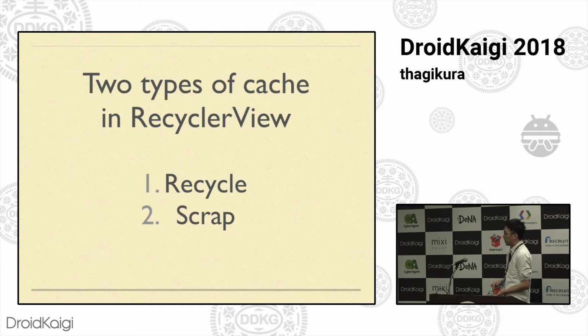In RecyclerView, there are two types of cache. The first one is recycle, and the second one is scrap.